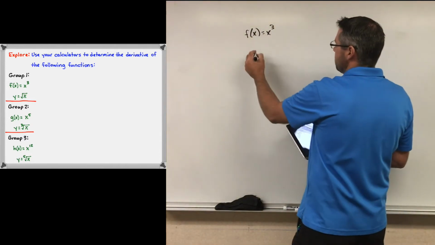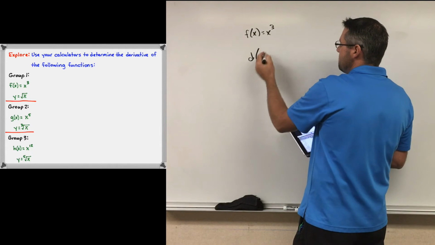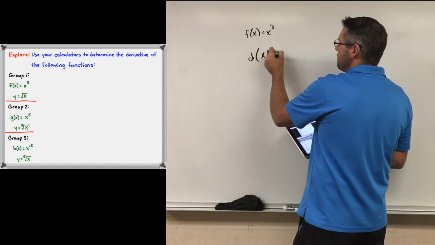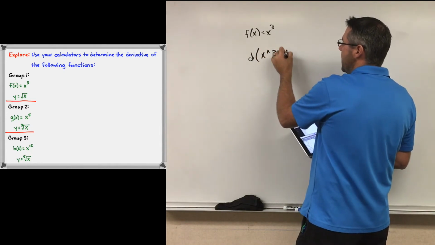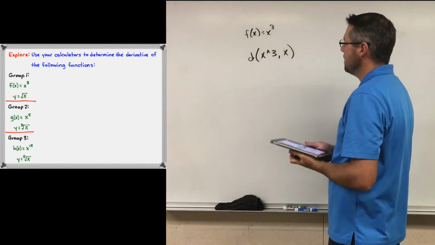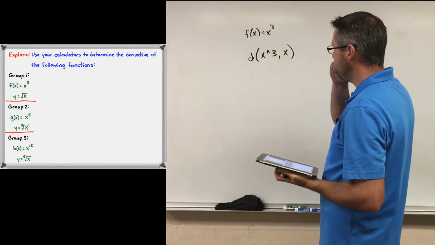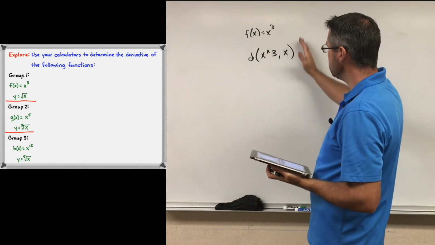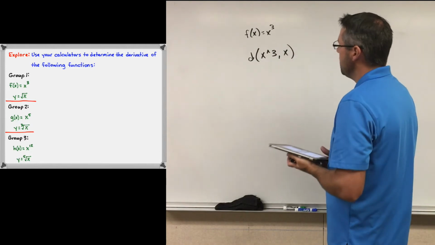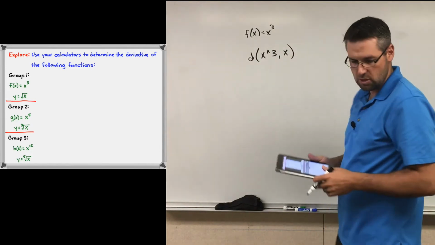So that brings up the derivative with the parentheses. Then you'll type in your function. So you would type in x caret 3 and then comma x, close parentheses. That will give you your derivative function. If you were looking to evaluate at points, you would put evaluate when x equals whatever. But we're looking for the derivative function. So that's just a reminder of how to do that.